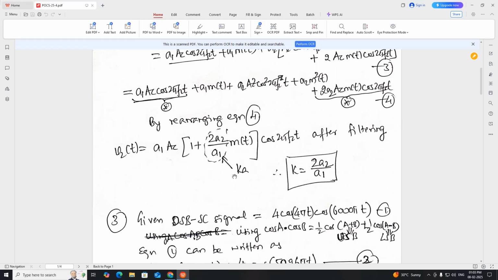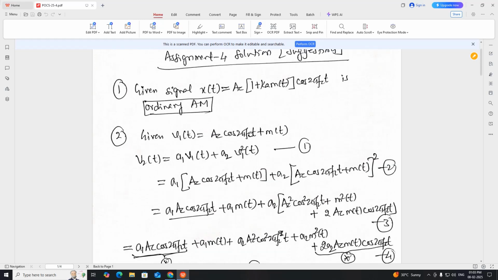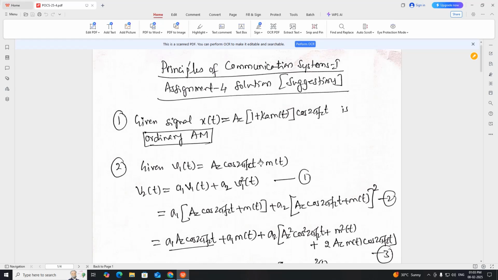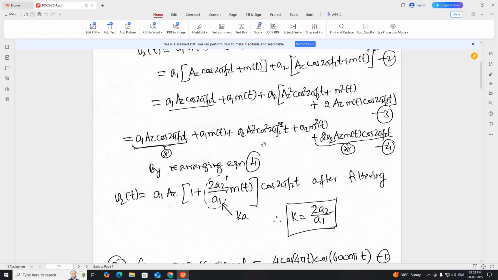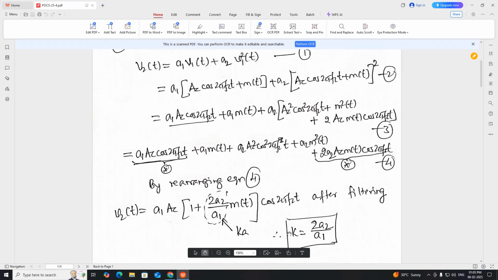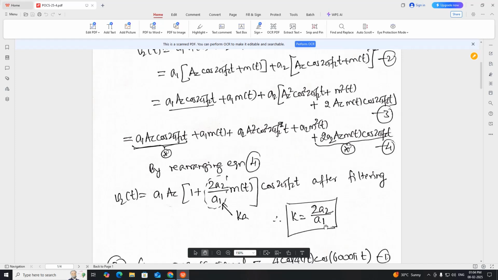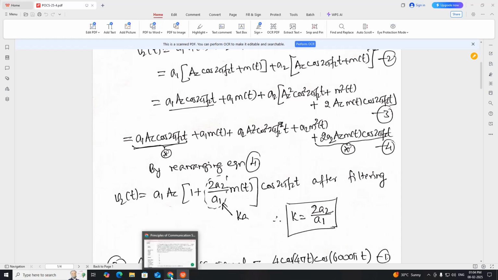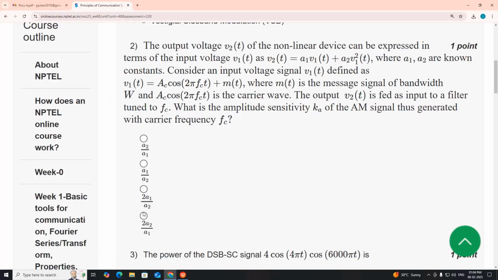We know this is Ka. Comparing this equation with the standard AM equation, we get K, which is Ka, equal to 2A2 by A1. So the answer is 2A2 by A1.